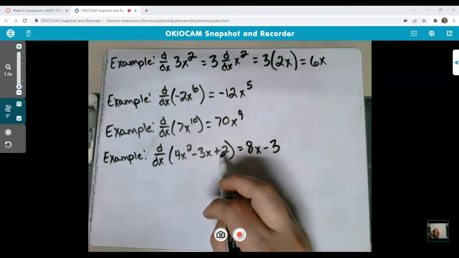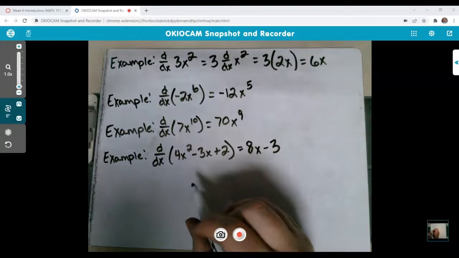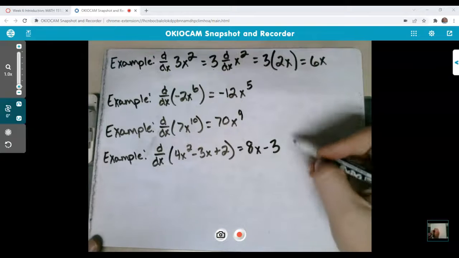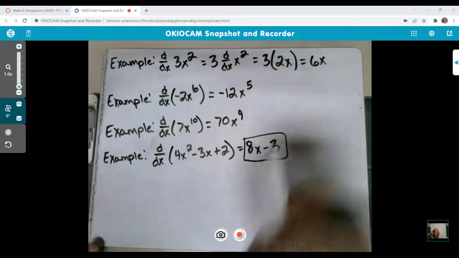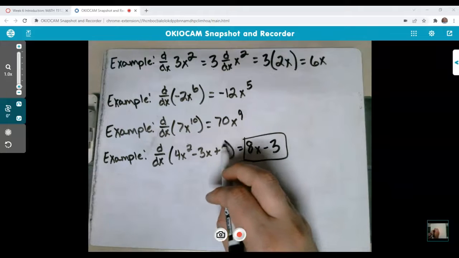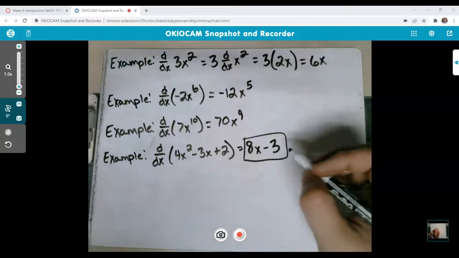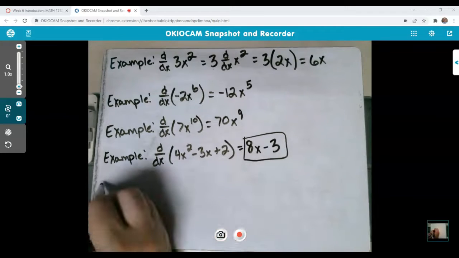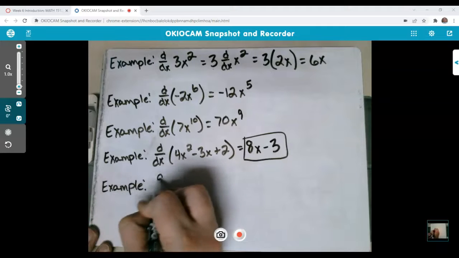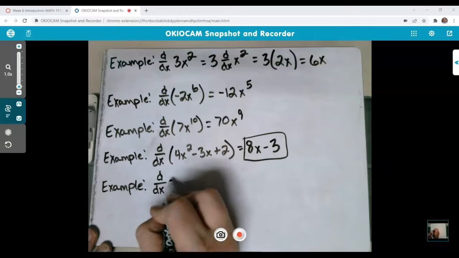We said the derivative of a constant is always 0. So I don't even need it, and I can just stop right there, because the derivative of a constant is equal to 0. So I can just leave it out. That's really helpful. Let's do another one. Isn't this way quicker, though?